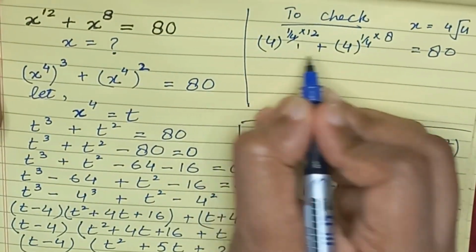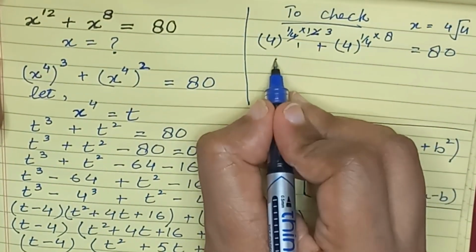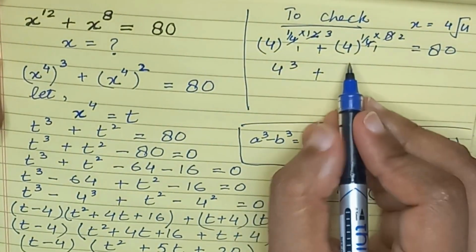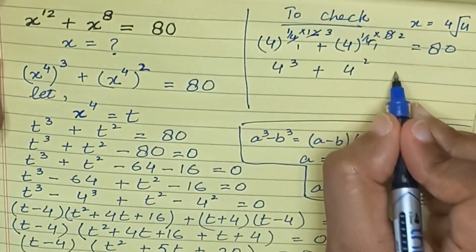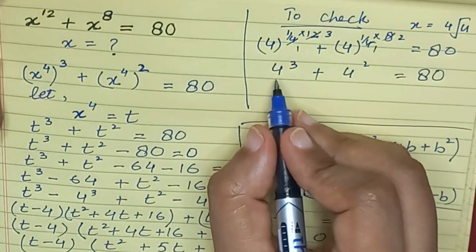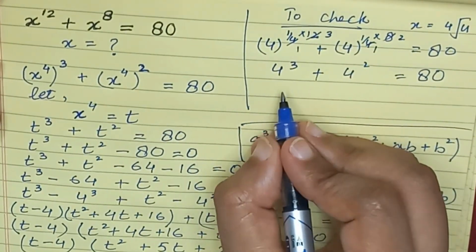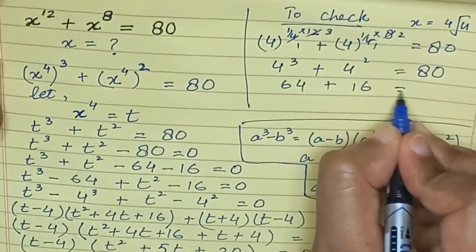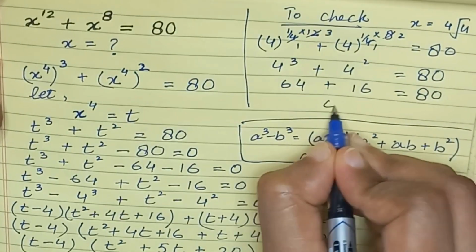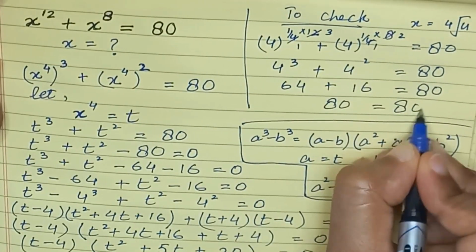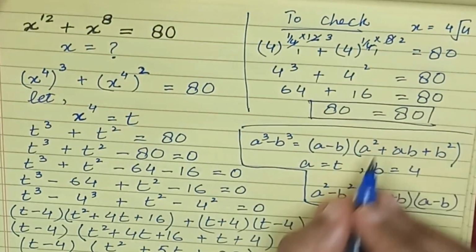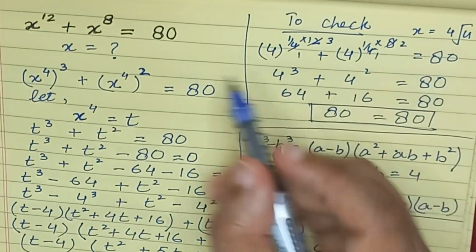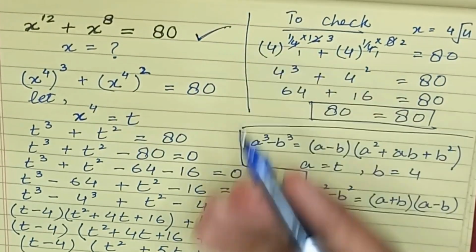So it will become 4 one time 4, 4 three times 12, 4 cube, and 4 one time 4, 4 two times 8, so it will become 4 square, equal to 80. And 4 cube is equal to 64, plus 4 square is 16, which is equal to 80. So 80 is equal to 80. Both sides are equal. It means the value of x, which is the 4th root of 4, satisfies our given equation.